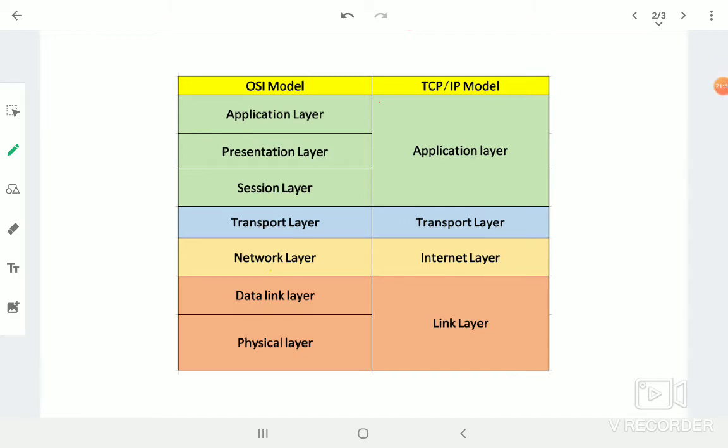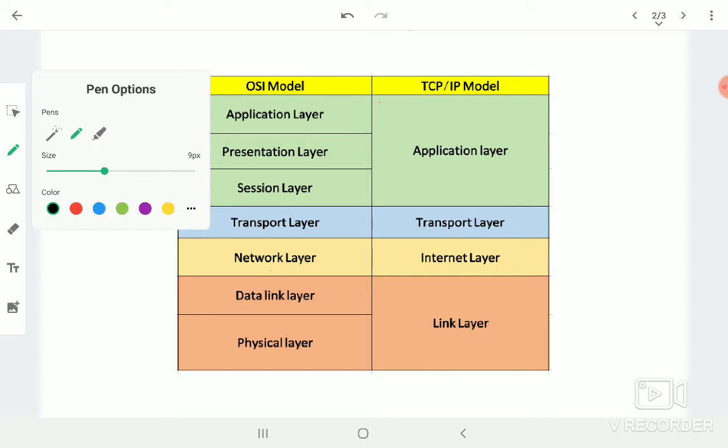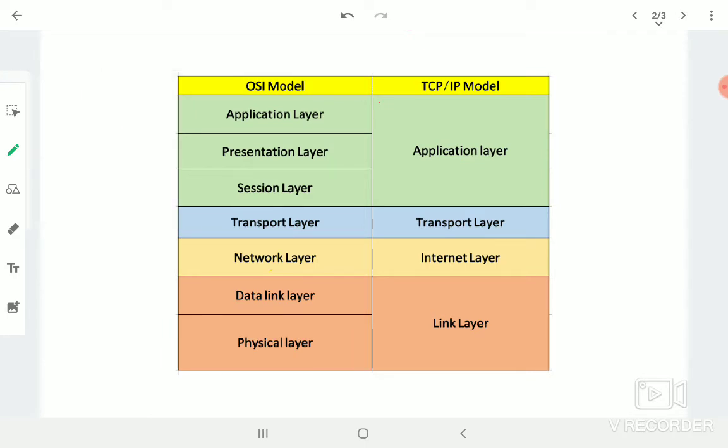So coming on to the next layer, we will be talking about the network layer. And here is the difference in the naming convention in both the models. The OSI model likes to call it the network layer, and the TCP/IP model likes to call it the internet layer. Why?